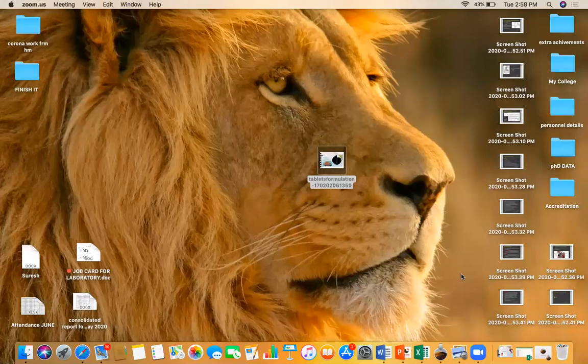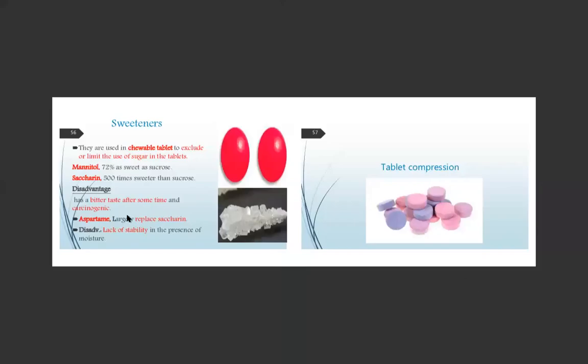Okay, so what are the sweetening agents? Examples of sweetening agents: sucrose, maltose, saccharin, which is an artificial sweetening agent.